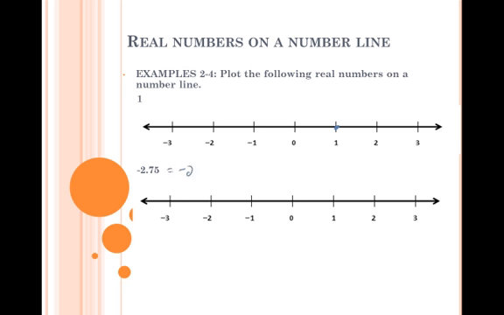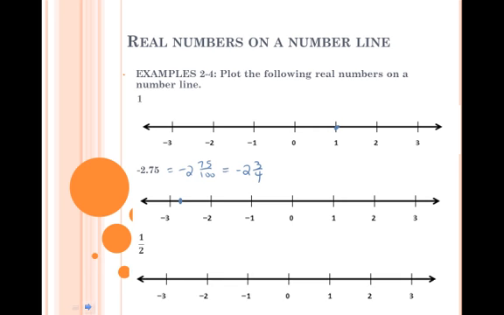This is the same as -2 and 75 over 100, which simplifies to -2 and 3/4. So we want to put a dot between -2 and -3, but closer to -3. 1/2. 1/2 is exactly halfway between 0 and 1, so we'll put a dot there.